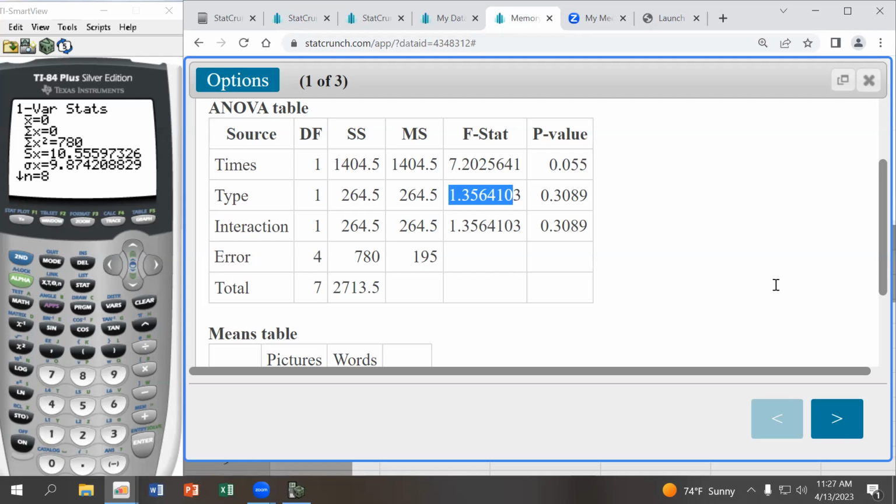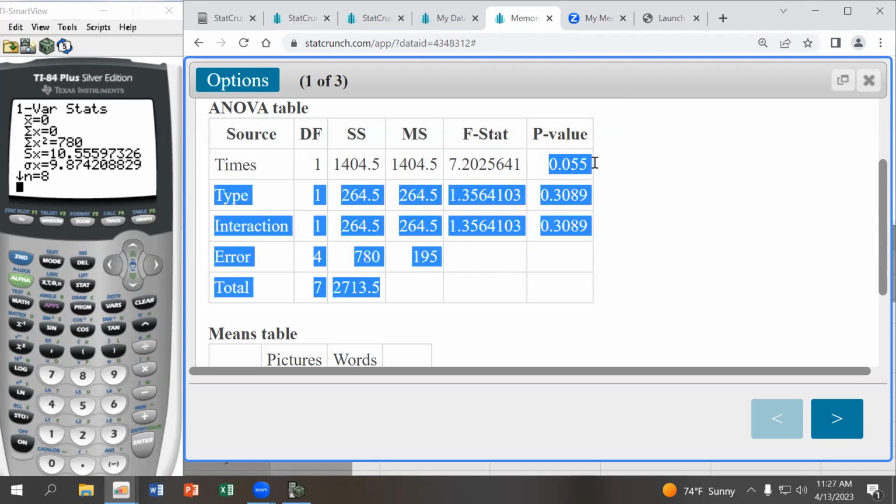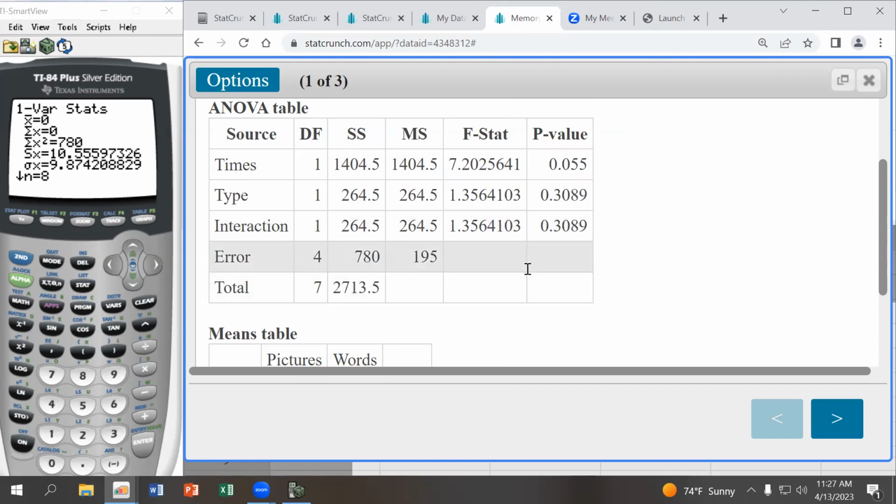Good so far? Okay, that leaves us with one last step, finding p-values. Your calculator will do this for you. Ready?